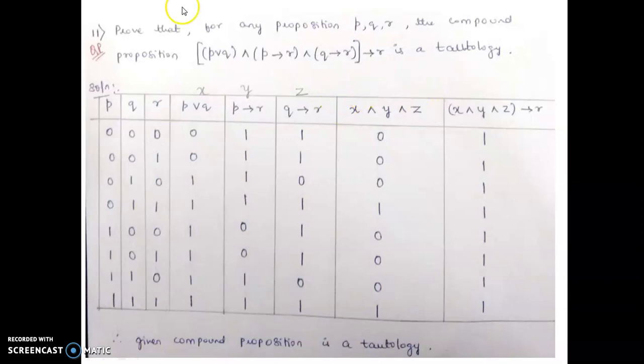And to be straightforward, for p or q, the column is 0 0 0 0 0 1 1 0 1 1 1 0 1 1 0 also 1 1 1 1 and 1 1 1.